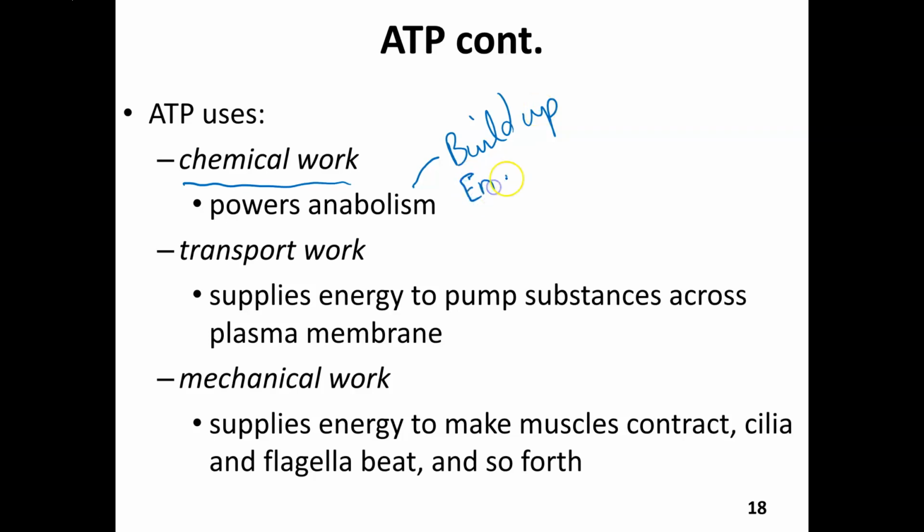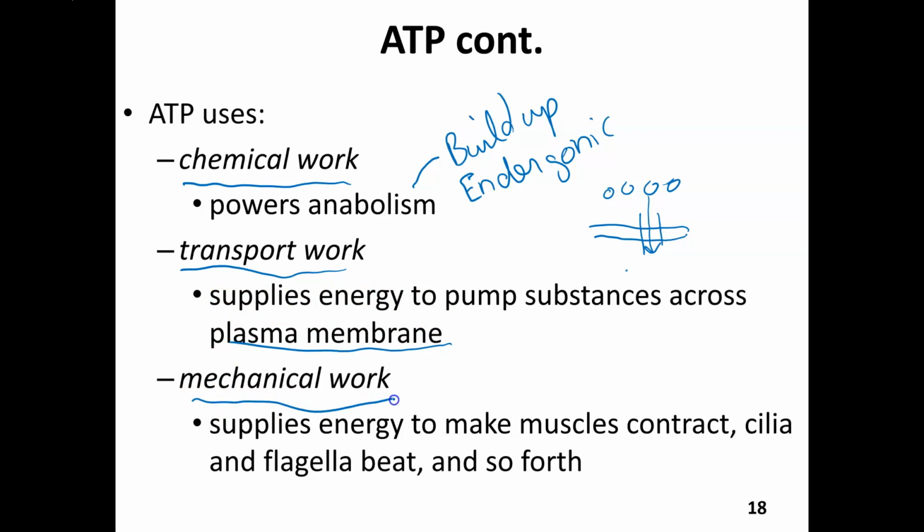So it's endergonic. Transport work. So we have a membrane here, and we have ions on this side, and we want to push those ions to this side so that we have equal amounts on both sides. That pushing of those ions is going to require a certain amount of energy.